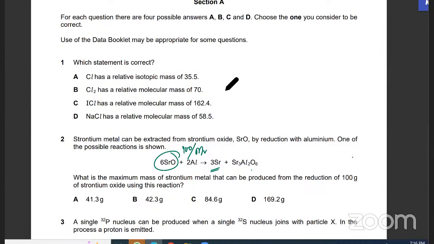Strontium is 87.62. So it's going to be 100 divided by 87.62. So the moles of strontium would be moles of this times 3 divided by 6, right?